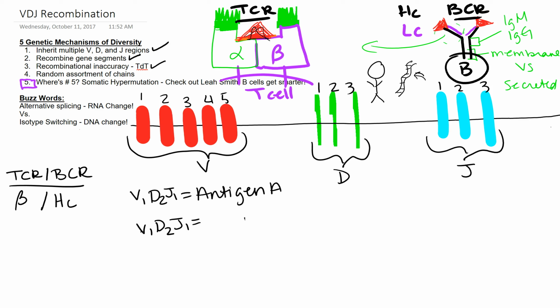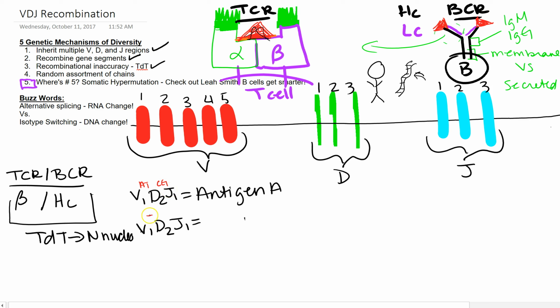And the other thing we have, particularly in the beta and heavy chains, is the enzyme TDT. TDT adds your N nucleotides. So it's going to add N nucleotides anywhere you have a joining. So that means this V1, D2, J1 is actually V1 with a couple nucleotides here, and D2, a couple nucleotides, J1.